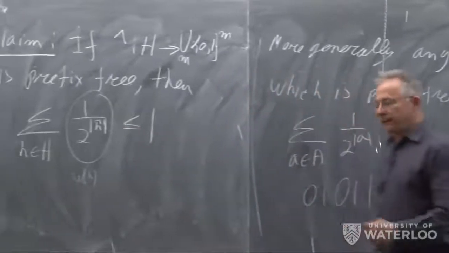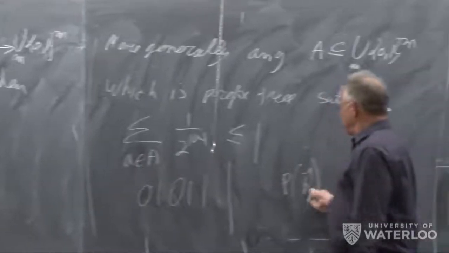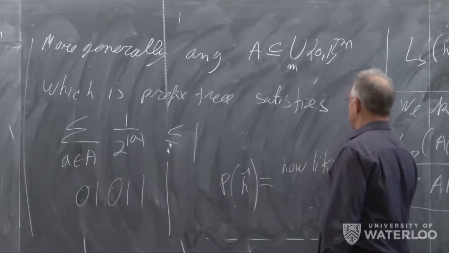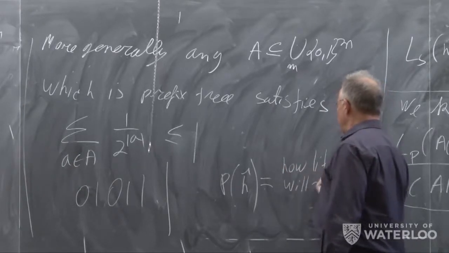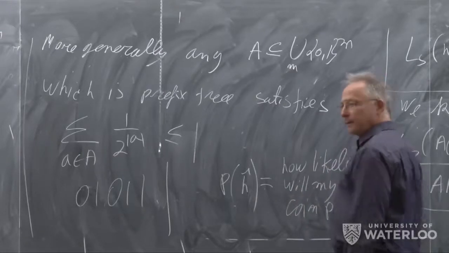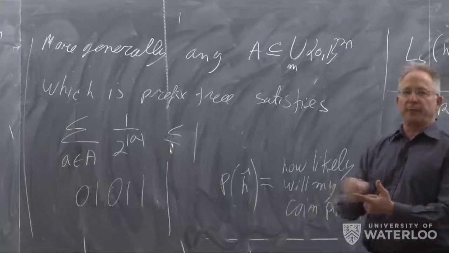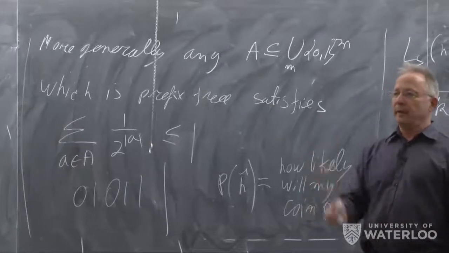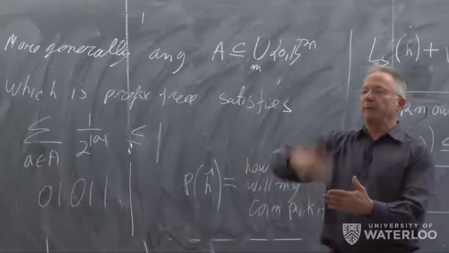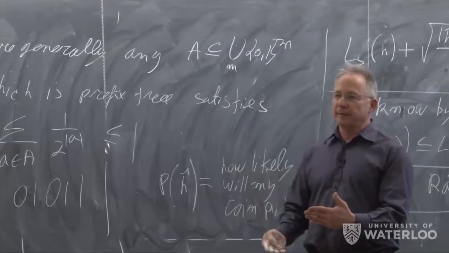So now I can define the probability of any description h to be how likely my coin is to pick it. That's the probability of every h. Since it's prefix free, it's well defined. Every description can be reached because nobody will be blocked by another description. So it gives me a probability of all descriptions.